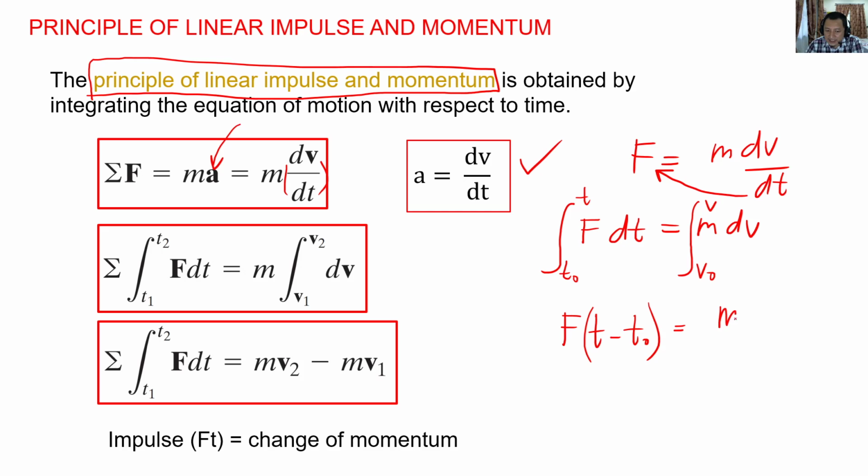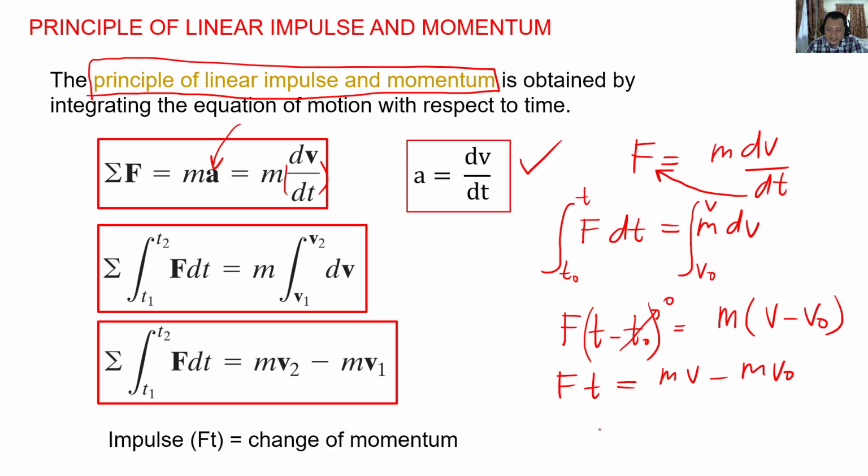This one you're going to get m times v minus v naught. If t naught is 0, that's just it. So you're going to get mv minus mv naught. Okay, so this one is done actually.